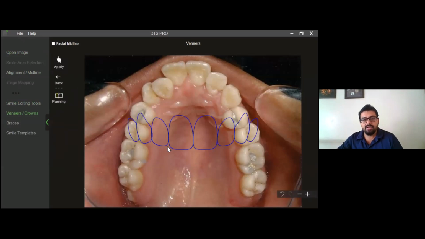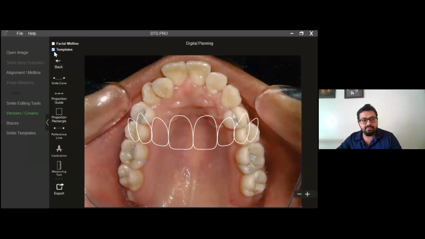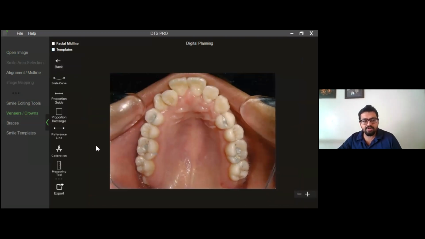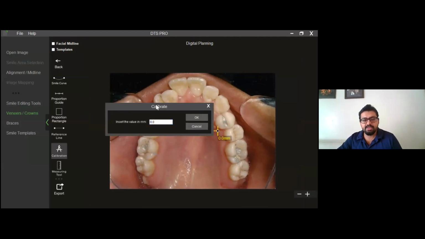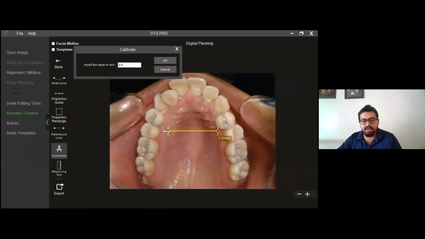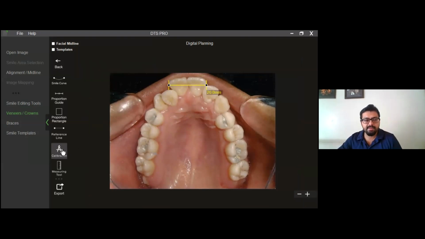I don't want to take you through all the details here, but what I want to show is you can calibrate the software. By calibration, you can just tell the software an actual measurement. Say, for example, the width of the central incisor is 20 millimeters. I can tell the software that the width of the central incisors in this case is 20 millimeters.